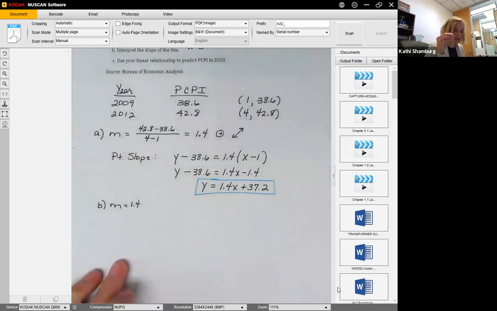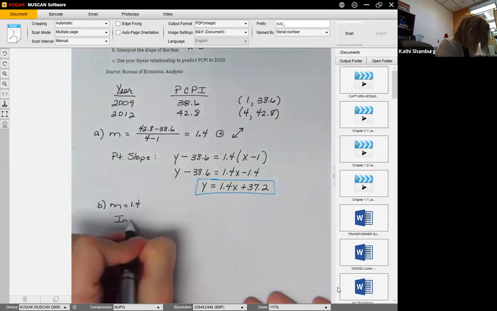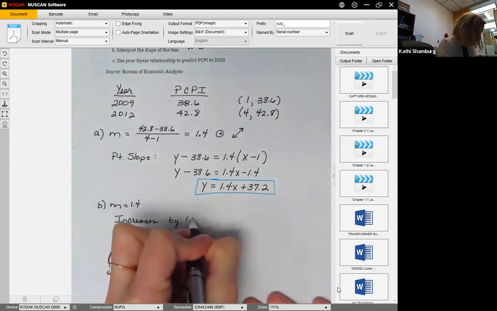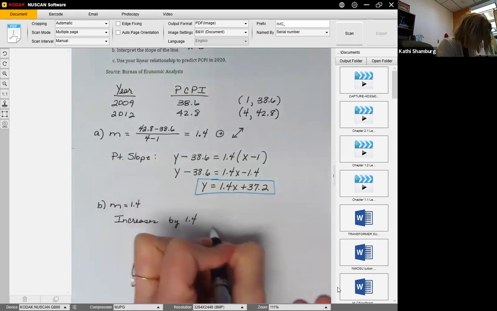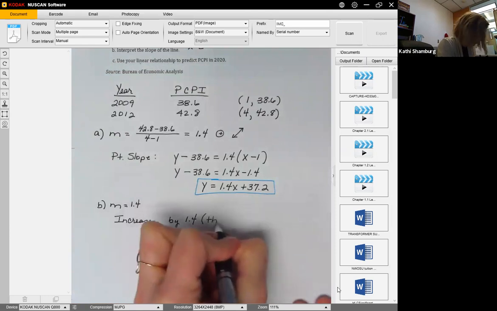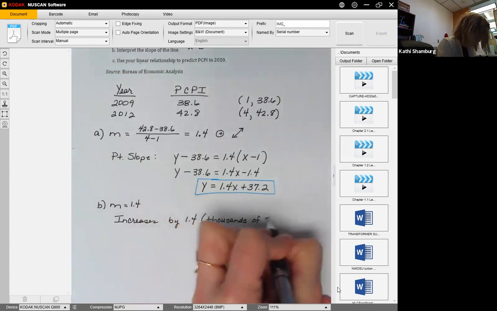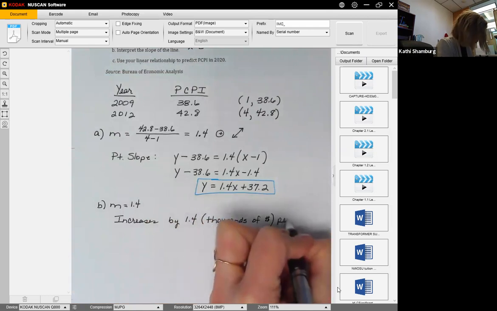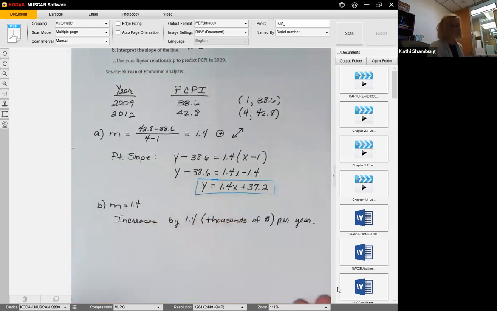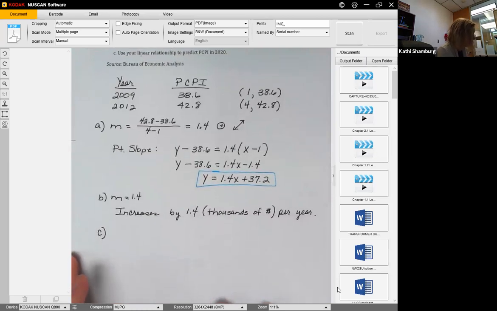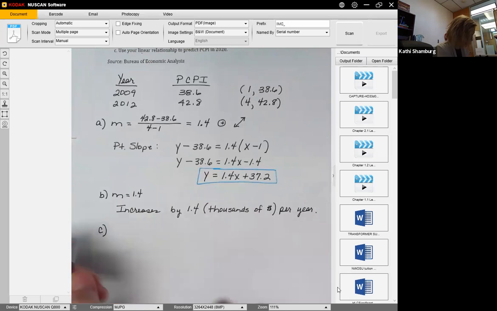And because it is positive, we know it increases by 1.4, but then you have to remember this is thousands of dollars per year. So that's part B. Part C says use your linear relationship to predict PCPI in the year 2020.